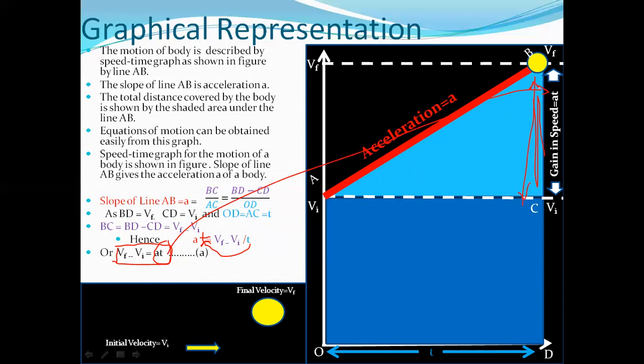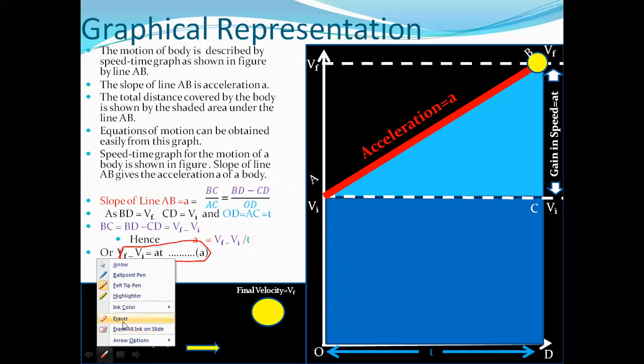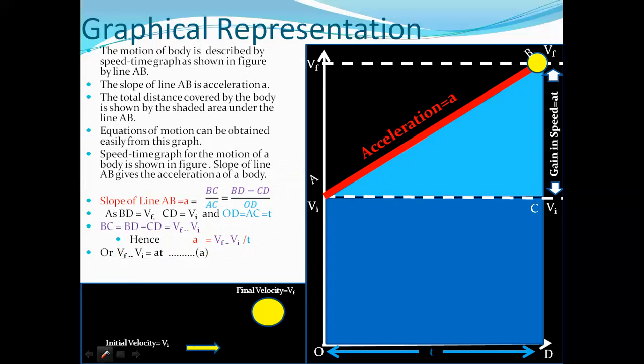So this line is VF minus VI, and this is also called AT, that means acceleration into time. Now we have this much distance, which is the speed gain. We have this much distance AC, which is the time taken by that body. And this whole part can be rearranged to form the first equation of motion, which is basically representing the acceleration.